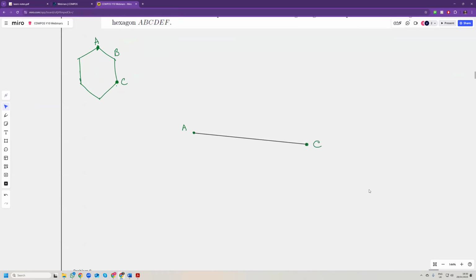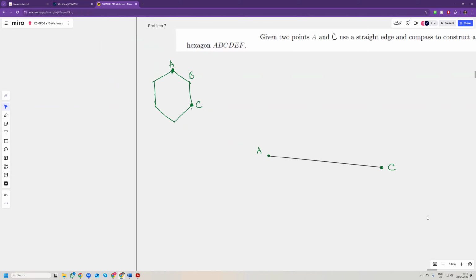Okay, so let's do my first solution. And then I'll show you the second solution, which I just came up with like 2 minutes ago. First method.